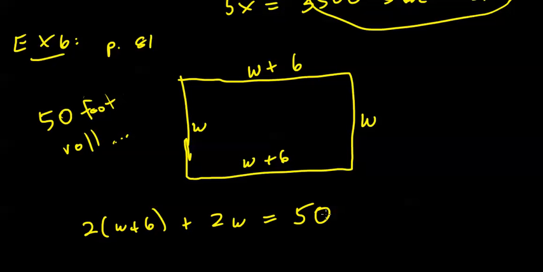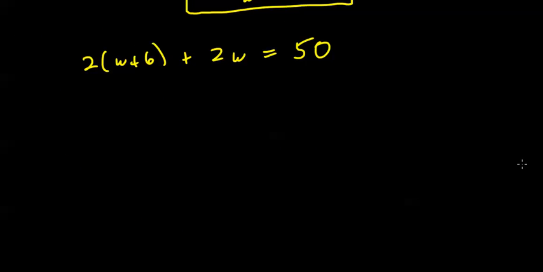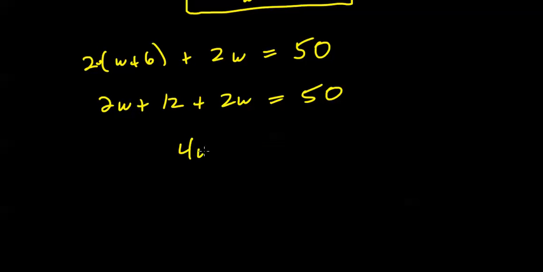So if I set that expression equal to 50, it's not too terribly difficult to solve this equation for W. As we did in section 1.5, I'm going to use my techniques of linear equation solution, multiply W plus 6 through by 2. Combine like terms: 4W plus 12 equals 50.